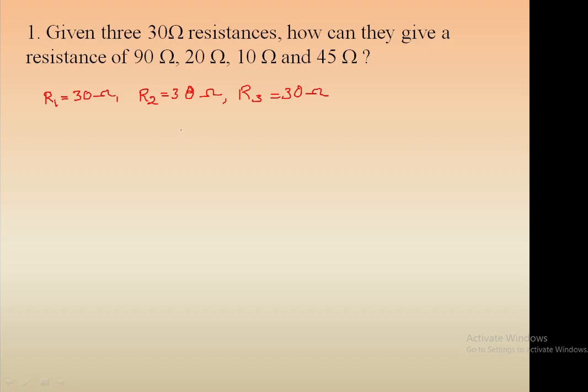So, to get the effective resistance of 90 ohm, we can connect the three resistances in series.